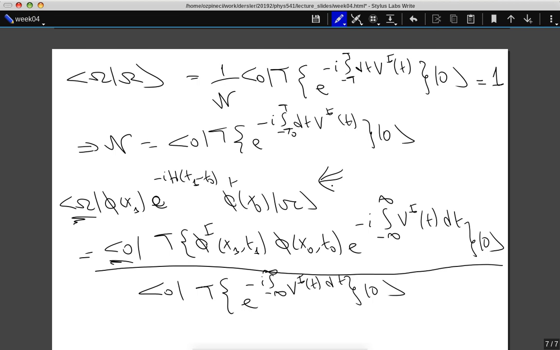Now, how does this help us to obtain an expansion in V? Well, you see that if the potential is small enough, there is an exponent over there. We can expand the exponent, and each term will contain higher and higher powers of V. If V is small enough, you can just truncate it, and you get an expansion in terms of the interactions in your system. That will be basically the idea of the perturbation theory we have.